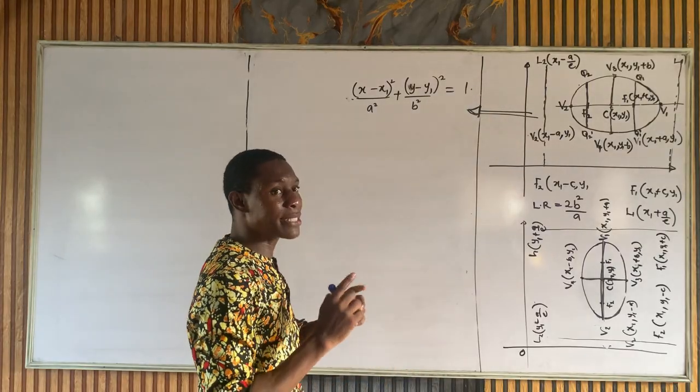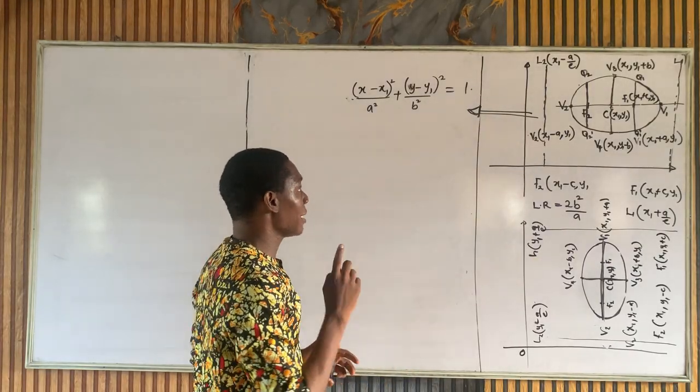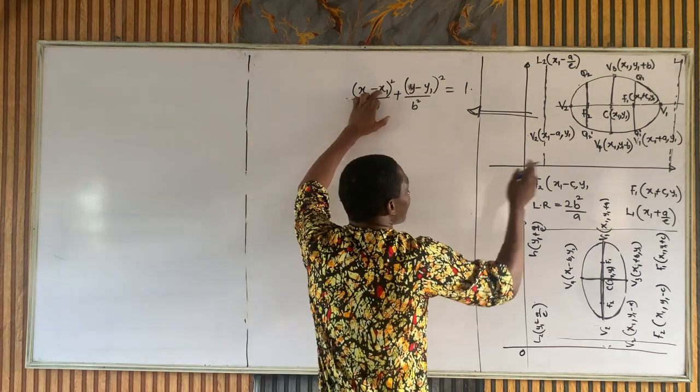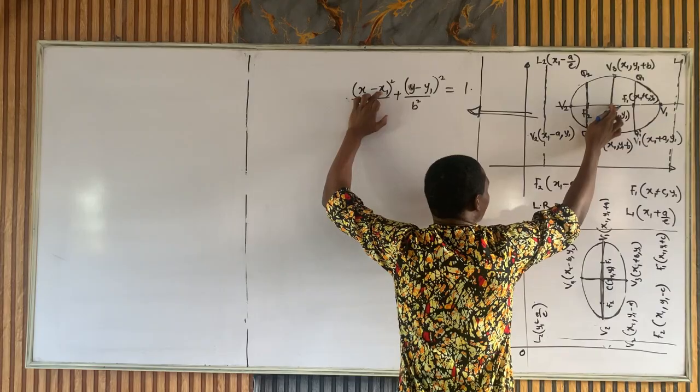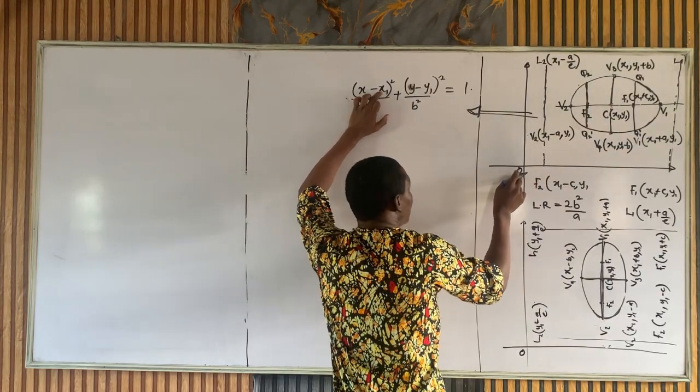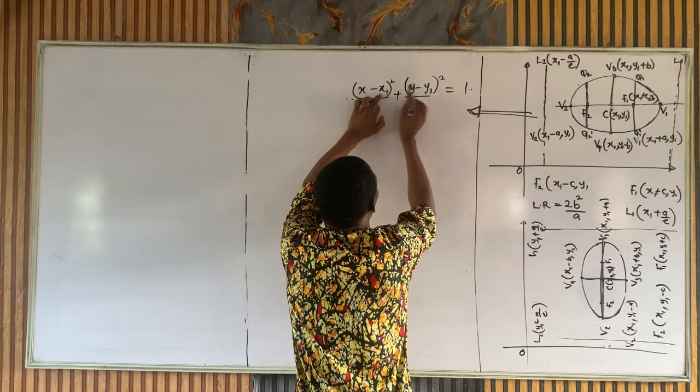Now, one thing you must take note of here is that if the center of this ellipse is at the origin, it means that your x1 and y1 will be 0.